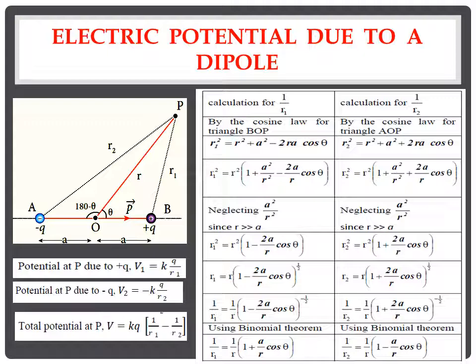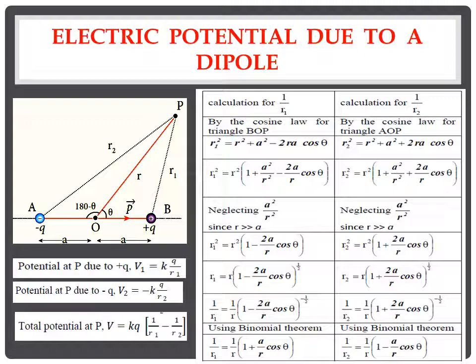The distance between the positive charge and the point P is represented as r1, the distance between the negative charge and the point P is represented as r2, and the distance between the midpoint and the point P is equal to r. Now, in order to calculate the potential at P due to the dipole, we have to calculate the potential at P due to the positive charge separately, and then due to the negative charge separately, and then add these two terms.